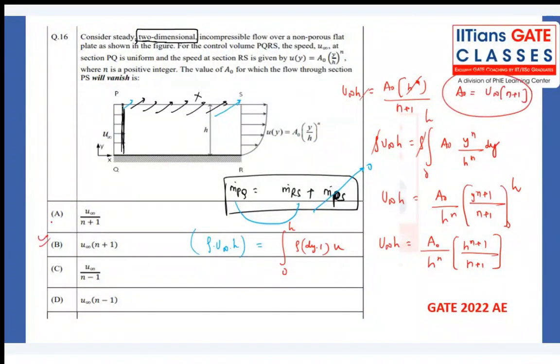B will be correct. So we are choosing A naught in such a way that the mass flow rate is still conserved.